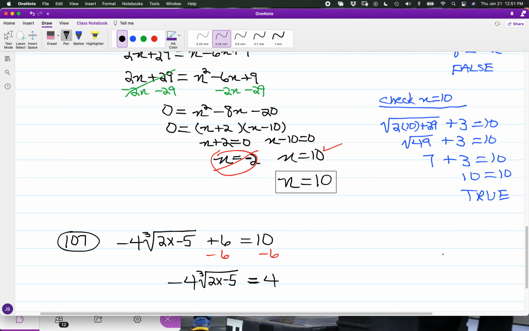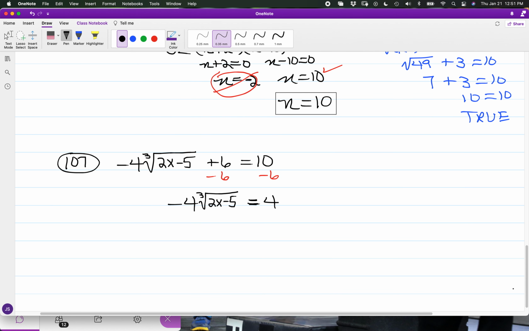Now technically you could go ahead and cube both sides, but since division by negative 4 is going to lead to an integer and not a fraction, I can just go ahead and divide by negative 4.